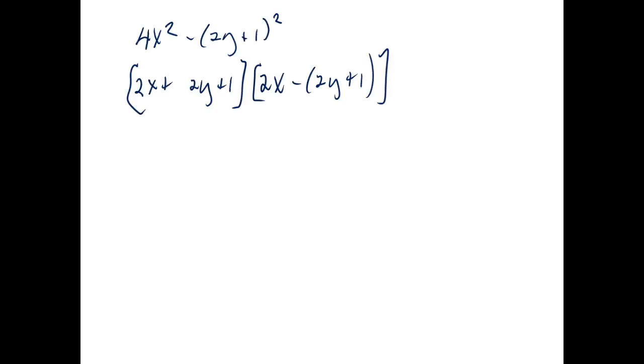Okay? So, we got a little bit more work to do here. We can go back to parentheses if we want to. What would this be? 2x plus 2y plus 1 times 2x minus 2y minus 1. Y'all are good. There, it's done. Can't take it any further.